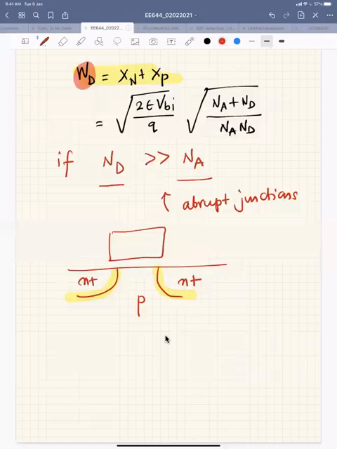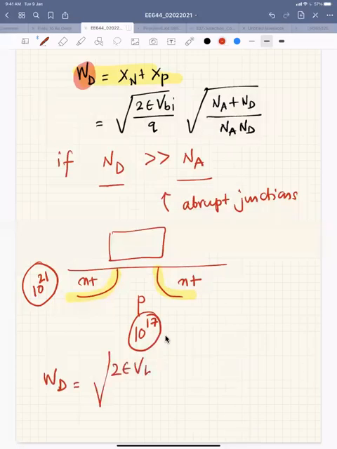So N doping is around 10 to the power 21 here, and P doping in the MOS transistor is around 10 to the 17. So your ND is much higher than Na. If I look at the WD in this case, I could simplify it.